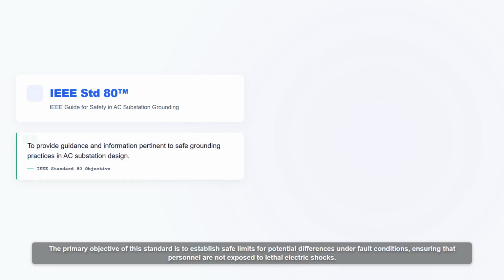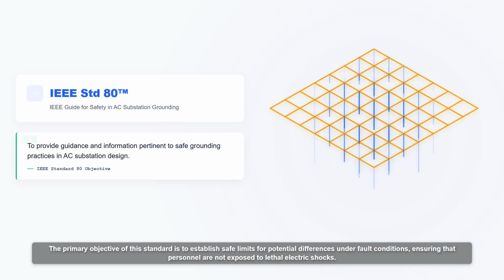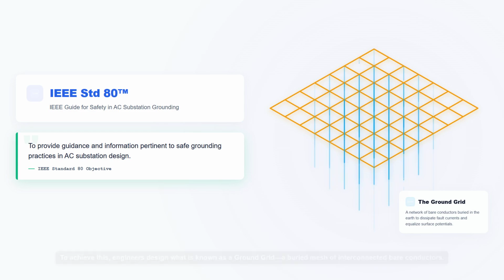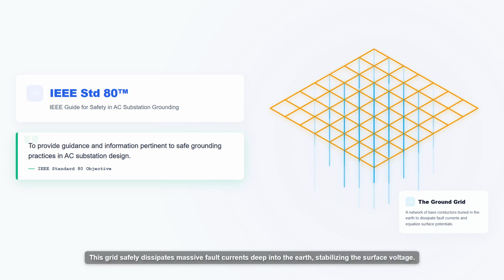The primary objective of this standard is to establish safe limits for potential differences under fault conditions, ensuring that personnel are not exposed to lethal electric shocks. To achieve this, engineers design what is known as a ground grid, a buried mesh of interconnected bare conductors. This grid safely dissipates massive fault currents deep into the earth, stabilizing the surface voltage.